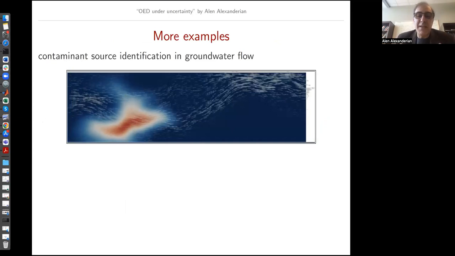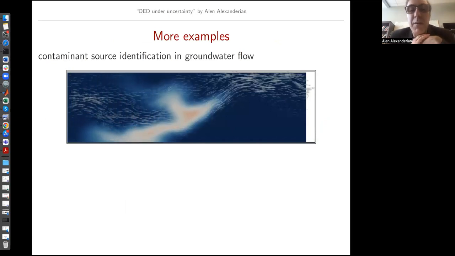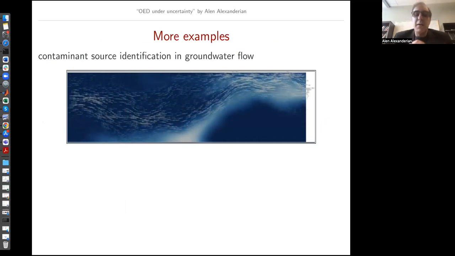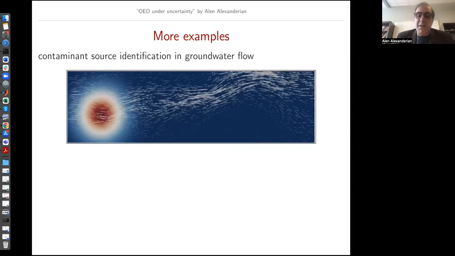Here are some more examples. A related problem comes from groundwater flow, where we look at the transport of a contaminant in some geological formation, let's say in some aquifer.